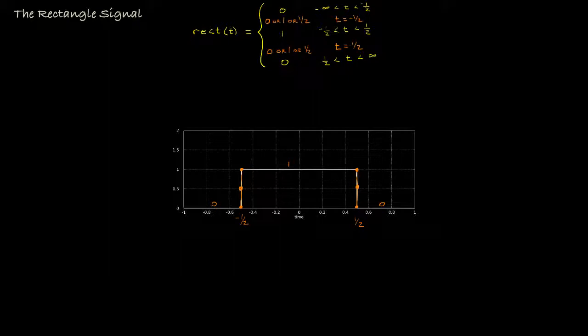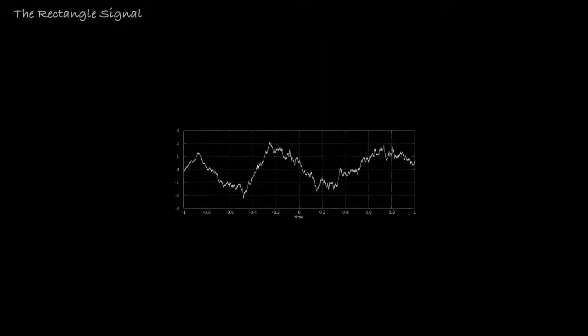Now let's see how the rectangle function is used as a window to isolate a specific region of a signal. Suppose we're only interested in the region of this signal between plus and minus 1/2 seconds. So only the region from -1/2 to 1/2.